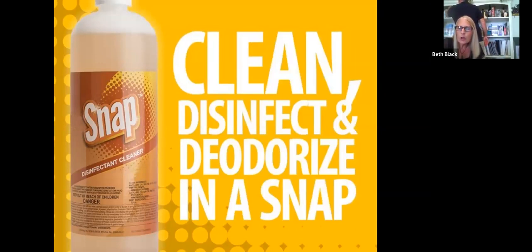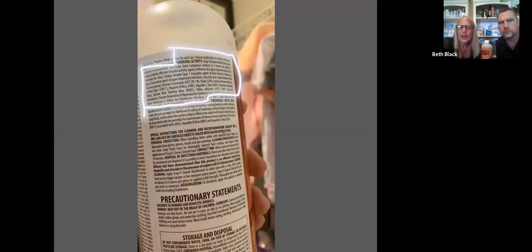Because if we all could put this little bit of disinfectant into our wipes, into what we're doing around our homes, I want you to see, and you might not be able to see it, but it says it fights influenza, it fights HIV, it fights MRSA, it fights coronavirus.